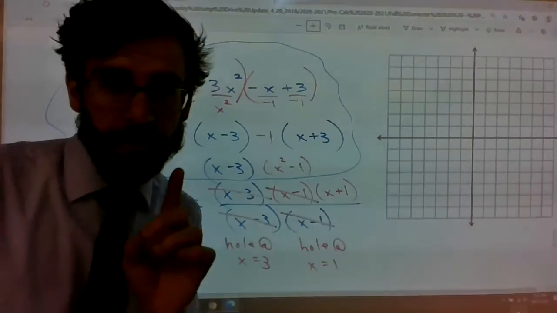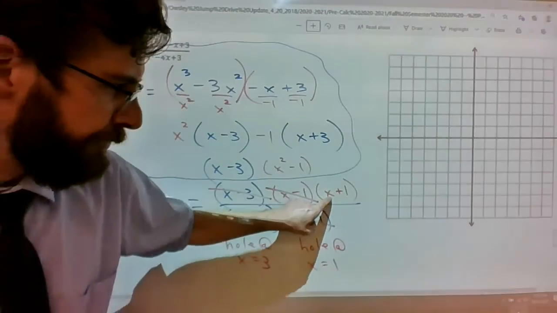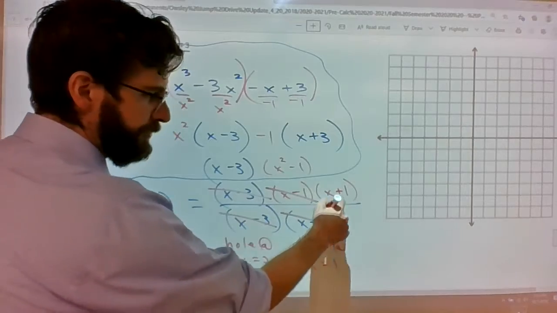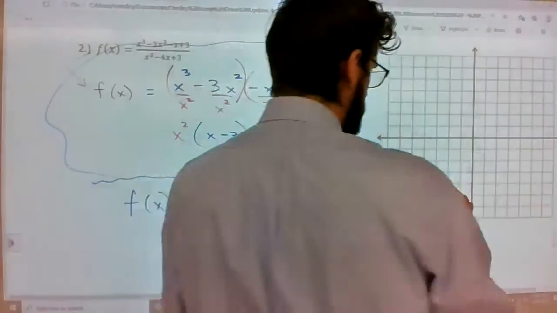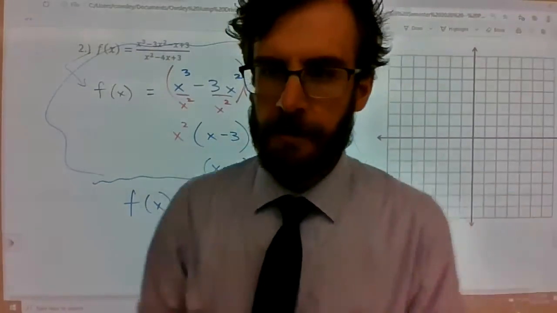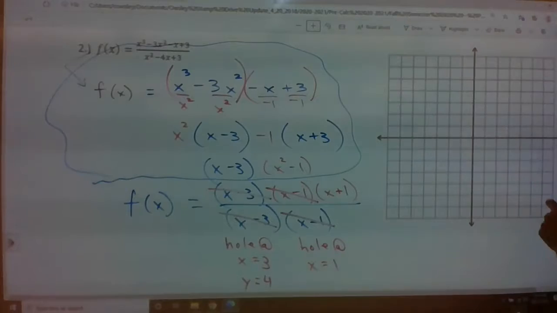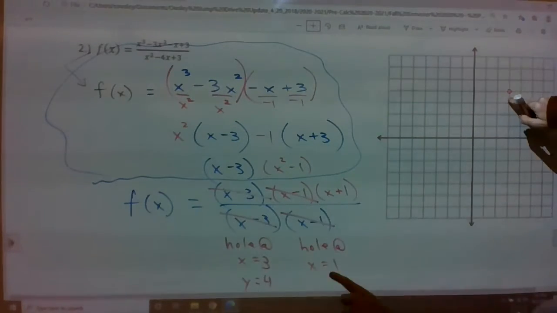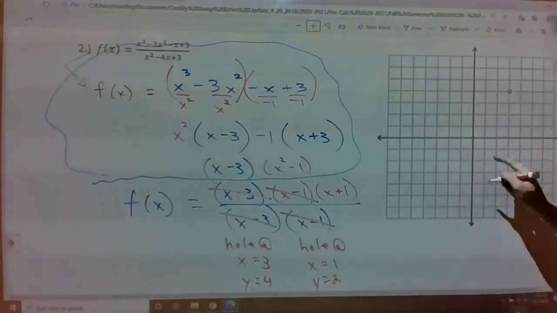Now you can determine the y values of those holes by plugging 3 in for x right here. So it's going to be 3 plus 1, which is 4. So 3, 4. Can you guys see? You can see at 1, 2, 3, 4. So there's an open circle there, and then a hole at 1, 2.